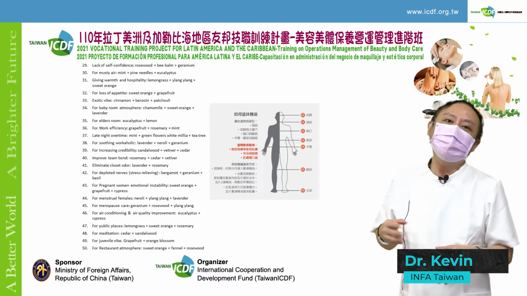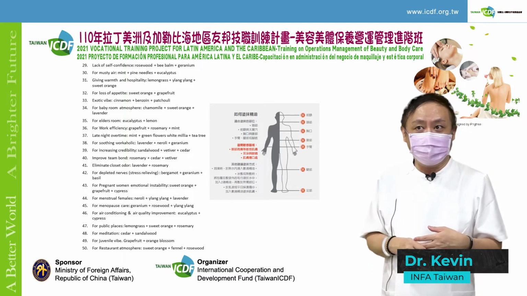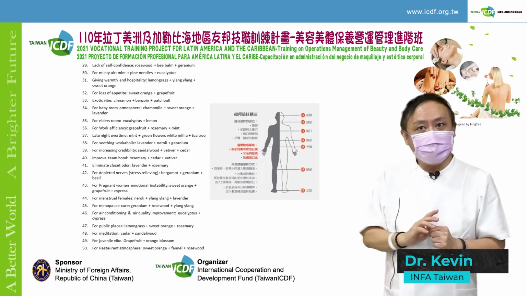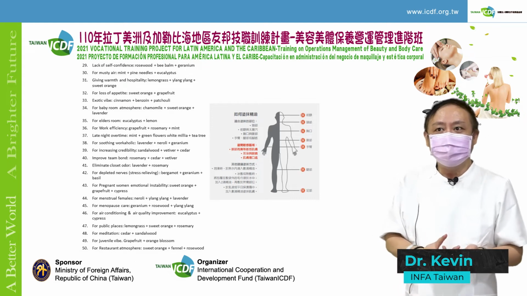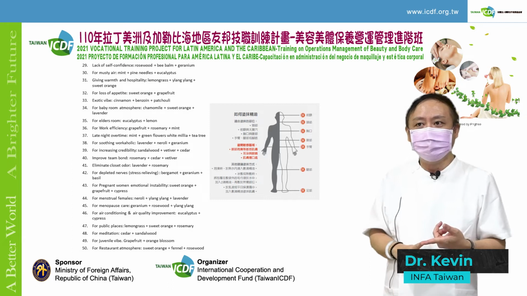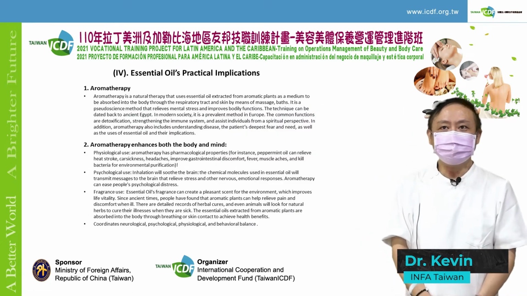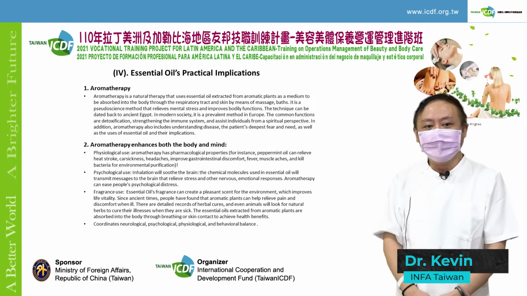For elderly people's room, in order to get rid of the bad smell and get rid of bugs, we can use eucalyptus and lemon. It is actually very good for odor eliminating. For work efficiency, we can use rosemary, grapefruit, and mint. If you're staying up late, then you can use mint and tea tree. These are all some of the 50 essential oils that we see very often.